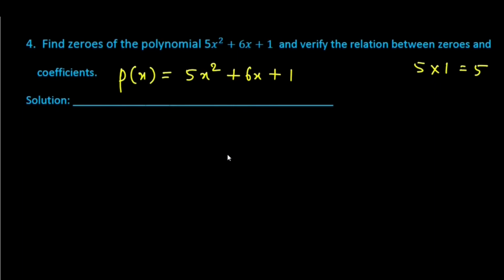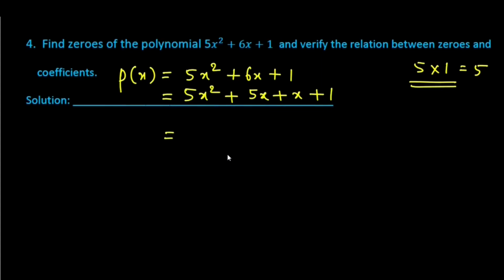We have to find the factors of 5 whose sum is 6. Clearly the factors are 5 and 1. 5 into 1 is 5, 5 plus 1 is 6. So this can be written as 5x square plus 5x plus x plus 1.